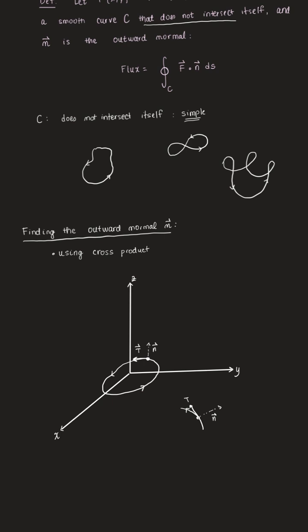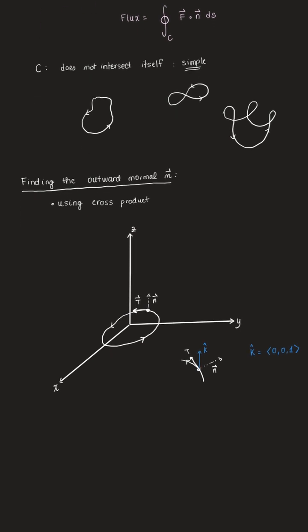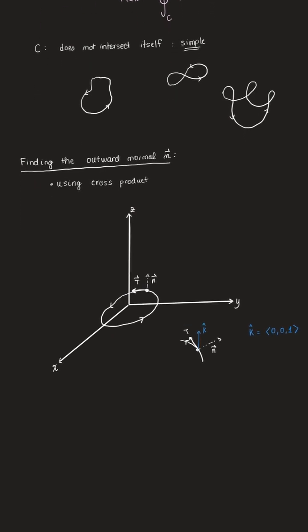We're going to use a vector that's perpendicular to both, which is going to be the vector k hat. K hat is in R3, right? K hat is defined as our vector 0, 0, 1. And the way that we can figure out this normal is by finding the cross product between our tangent vector on the xy plane with k hat.